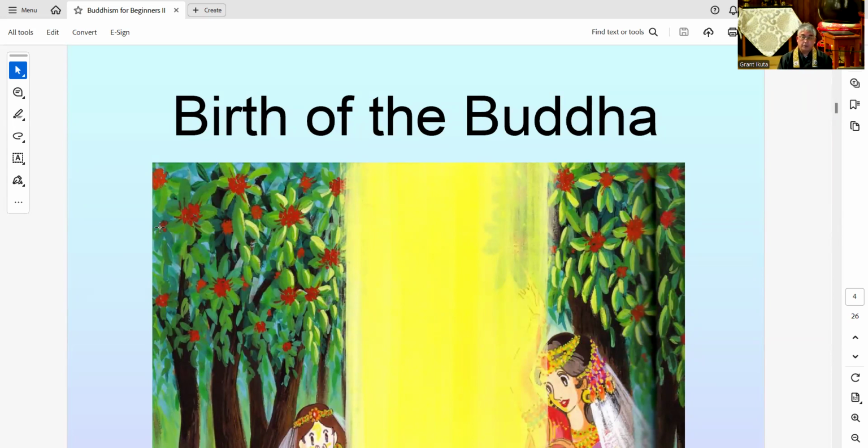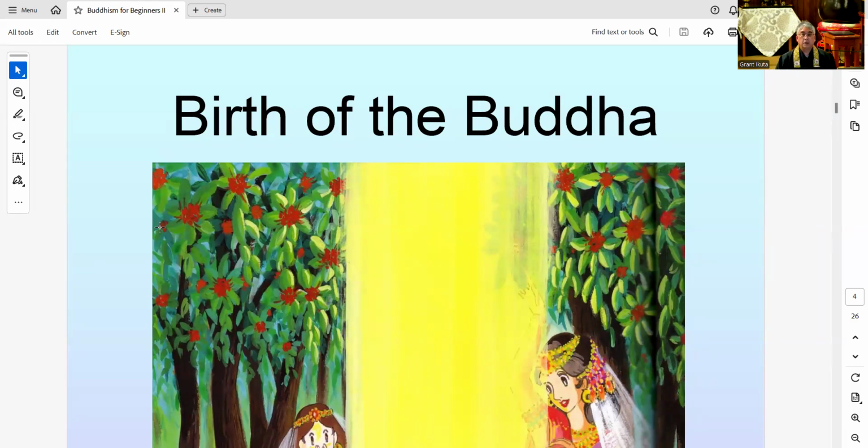The story goes that there was a kingdom called Kapilavastu, in the northeastern part of India, what is now known today as the province of Bihar. And in that province, there was a small kingdom called Kapilavastu.